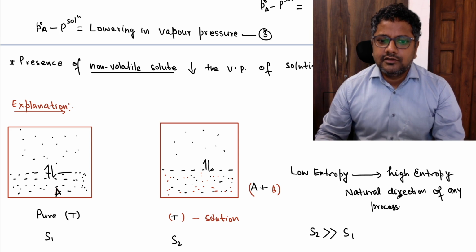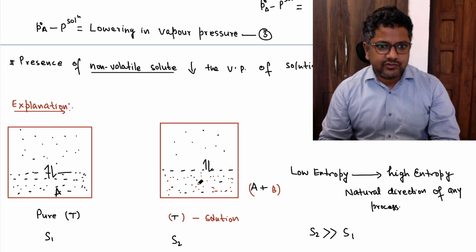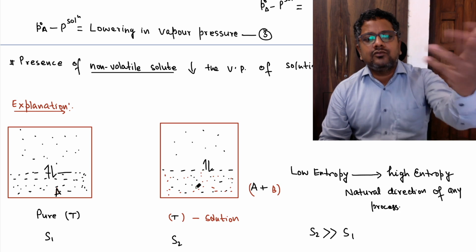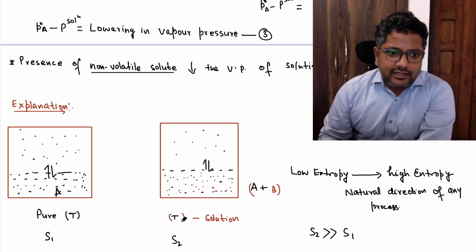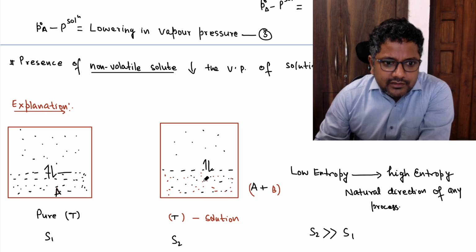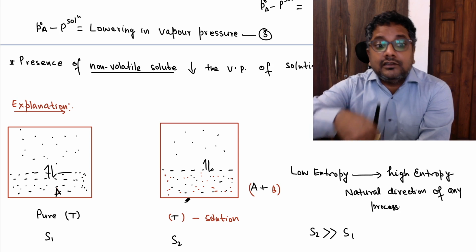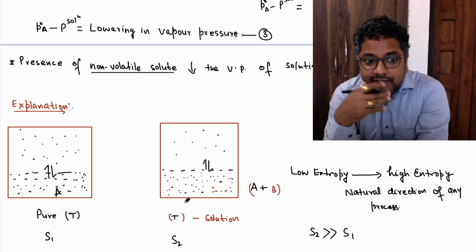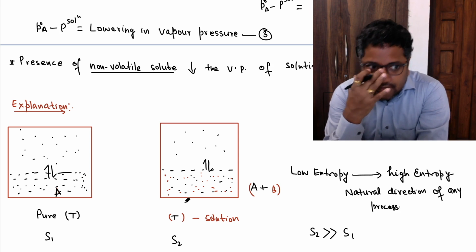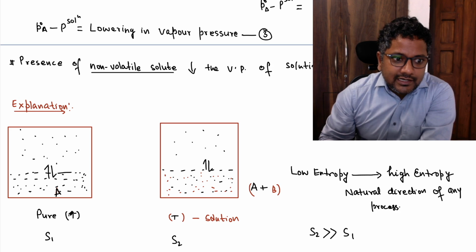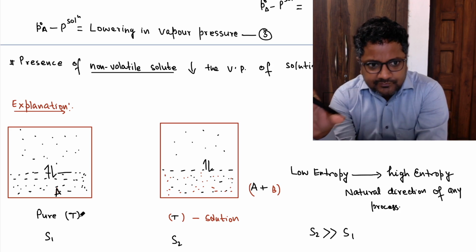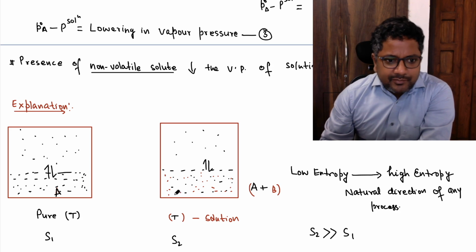So here evaporation is a process. So the natural direction of the process is from low entropy liquid to high entropy. So now tell me, when the entropy of this increases, from more to further higher entropy, this tendency will reduce. You know, at a given temperature, entropy is fixed, because it depends on temperature.